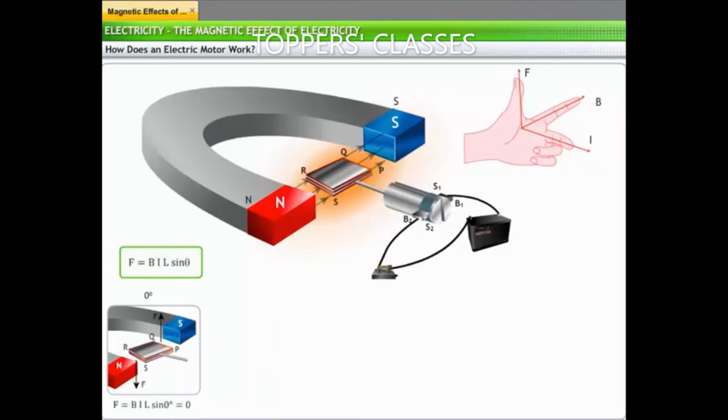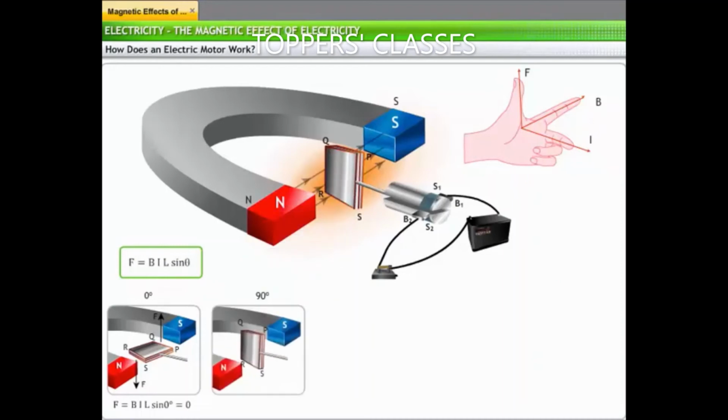The coil begins to rotate until its plane becomes vertical, that is, perpendicular to the direction of the magnetic field. Magnetic fields of the coil and the magnets become parallel to each other as the coil rotates by 90 degrees and the couple acting on the coil becomes 0.